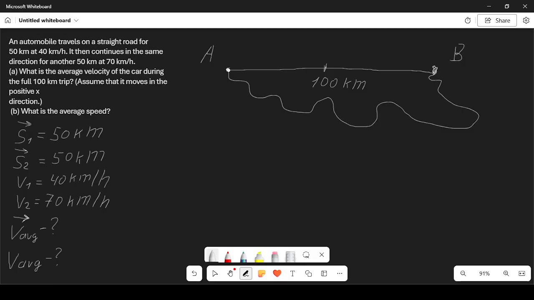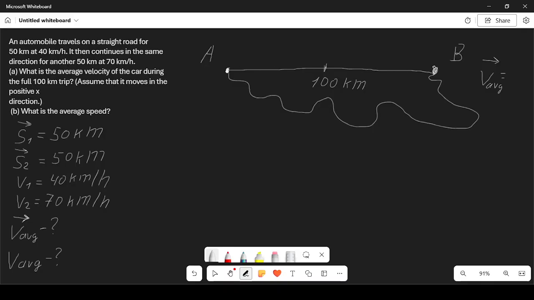And we need to find the average velocity during this trip from point A to point B. So velocity with the arrow, average, would be the displacement of our automobile. What is displacement? It's the shortest distance between these 2 points.